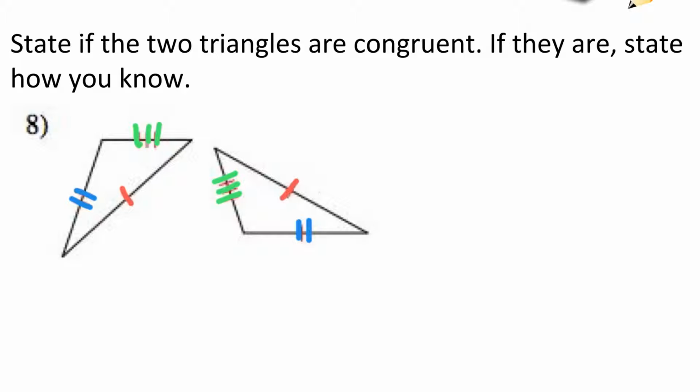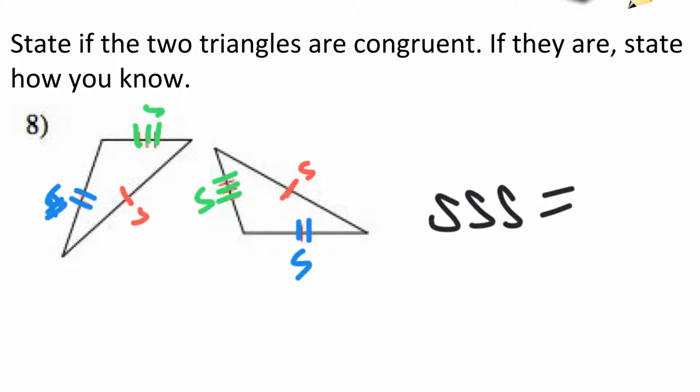Now, which theorem is this? I have a side, another side, and then another side. You probably already guessed it, but yes, it is the side-side-side congruency theorem. So this one again would be a yes.